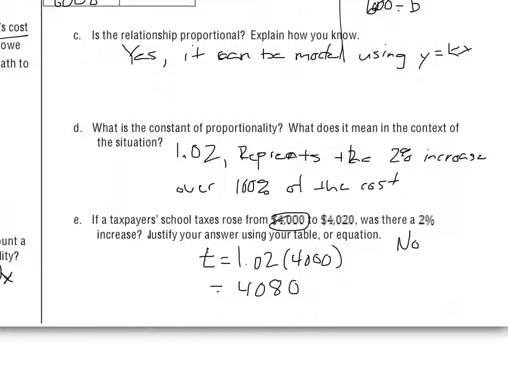Was the increase more or less than 2%? You should identify that the increase was less than 2% because that would require a smaller amount of tax added on to get to 4,020, so the percent would have to be lower. Flip on over to the other side.